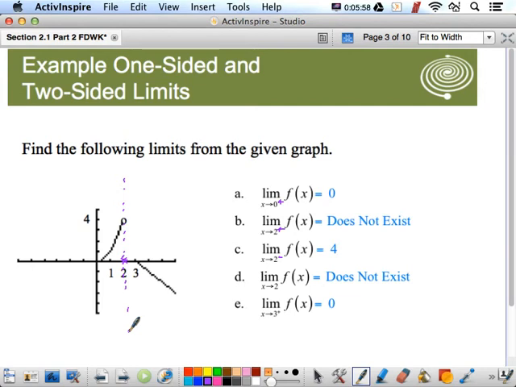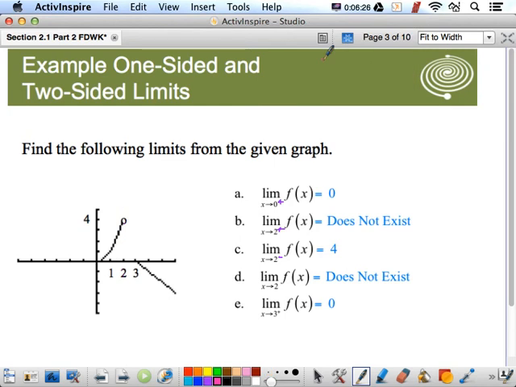If you hold a sheet of paper over it, then it cuts off the right side and your eyes can kind of focus. So if we want to come in from the left, if I ignore all of this and I'm coming towards positive 2 from the left, what y value am I going towards? Does it matter that there's a hole there? No. So that is the limit from the left. That's why we say it equals 4.